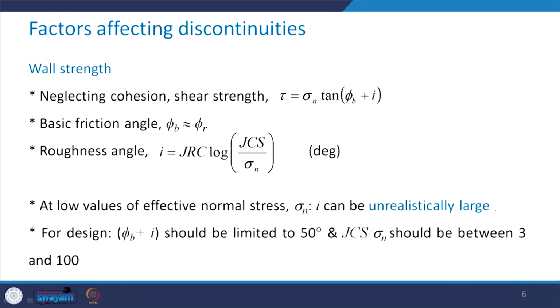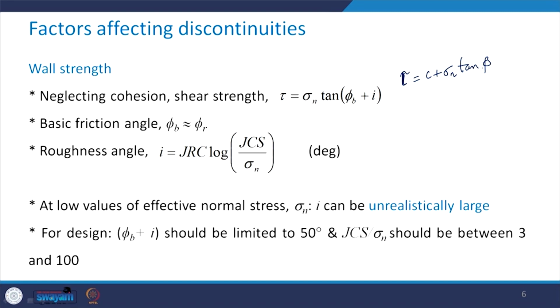If we neglect the cohesion, the shear strength can be given by this expression: sigma n tan of phi b plus i. You know that if a material follows the Mohr-Coulomb criterion, then the shear strength is given as tau equal to c plus sigma n tan phi.